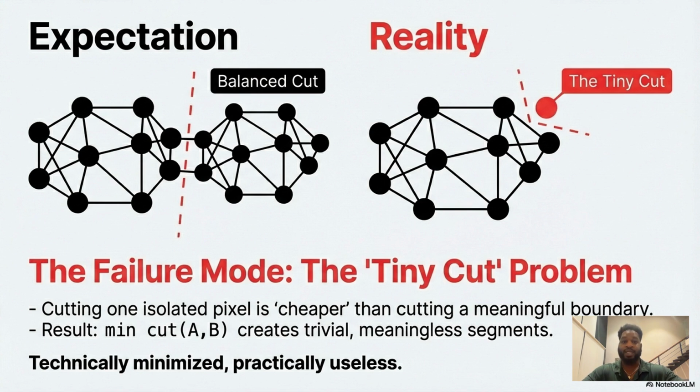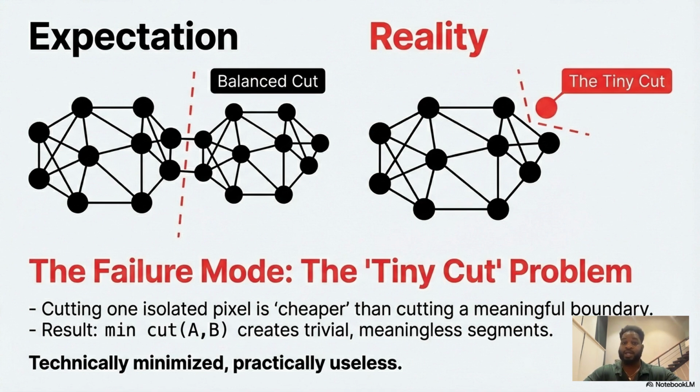And what that means is that it has this massive bias for finding a single lonely pixel or a tiny meaningless little speck that's different from its neighbors and just lopping it off. So this is the core of the problem. You see, the minimum cut's goal is just too simple.